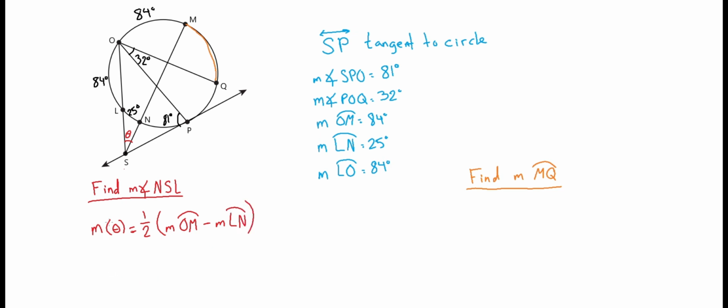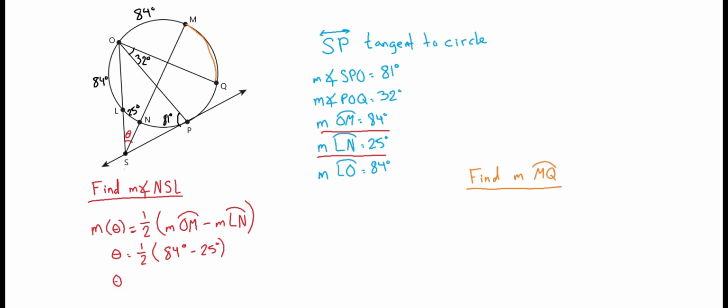Now we can find theta because we already know what OM and LN are. So 1/2 times, in parentheses, the measure of arc OM, which is 84 degrees, minus LN, which is 25 degrees.